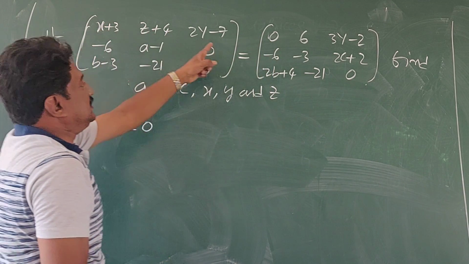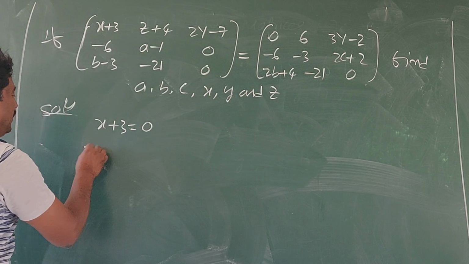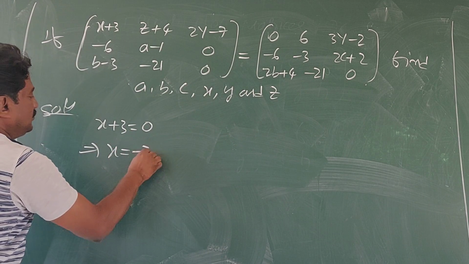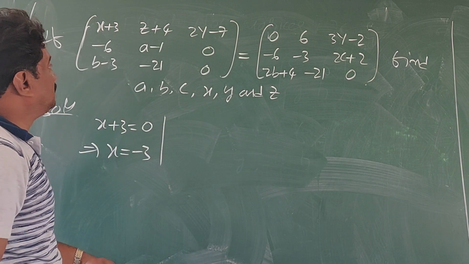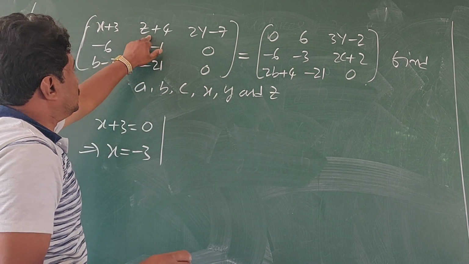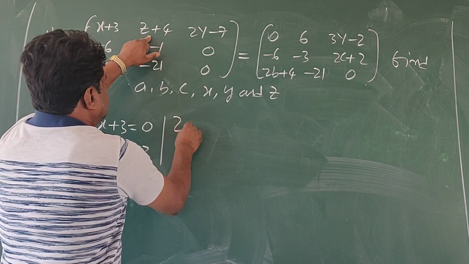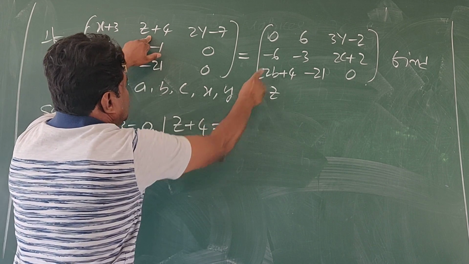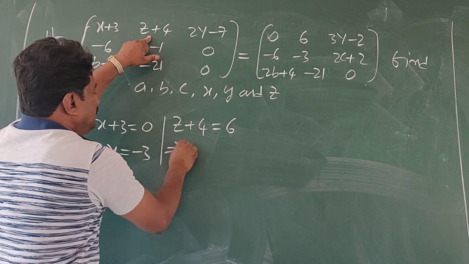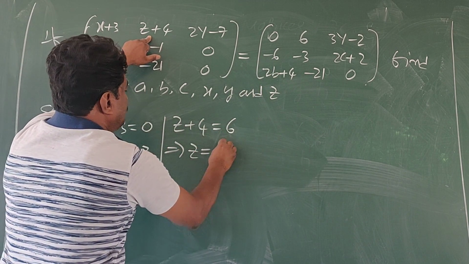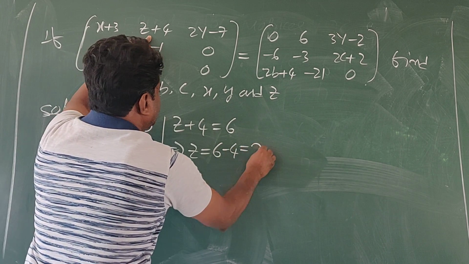From that, x is equal to minus 3. We got the x value. Now z plus 4 is equal to 6. From that, z is equal to 6 minus 4, which is 2.